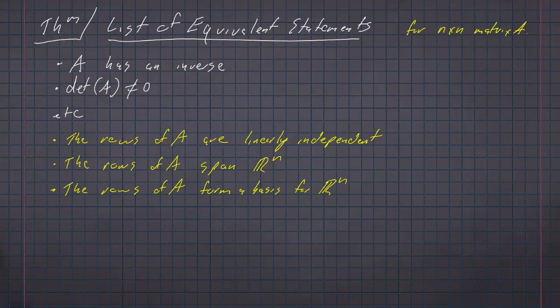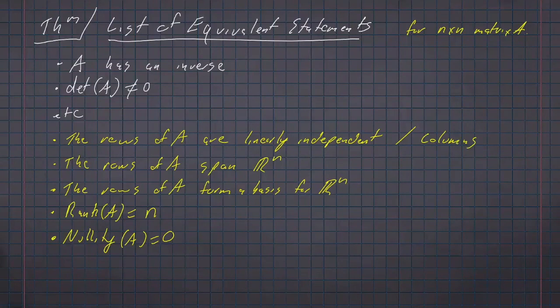The rows of A form a basis for Rn. The rank of A is not 0, but n. The nullity of A is 0. And then all these statements for rows can also be done for columns.